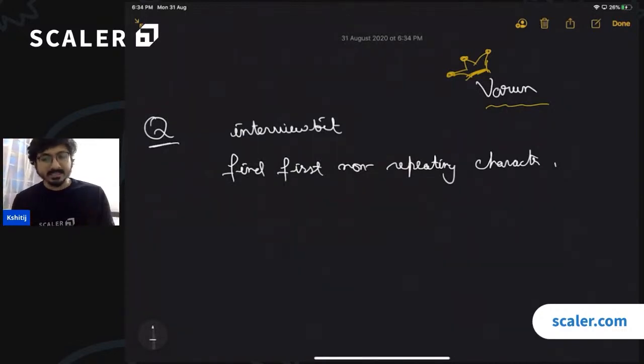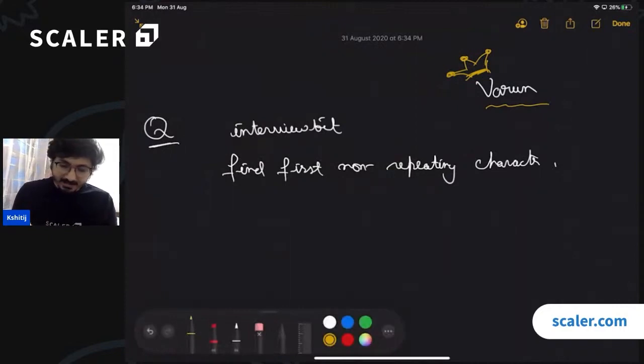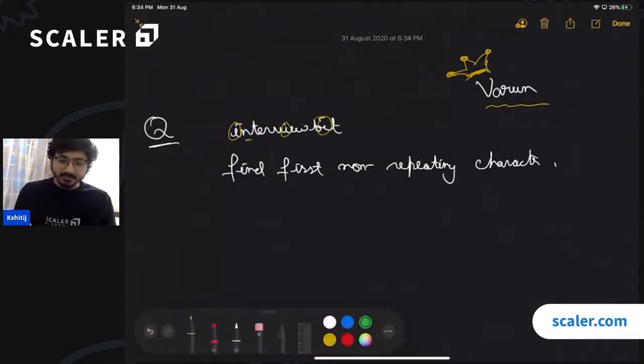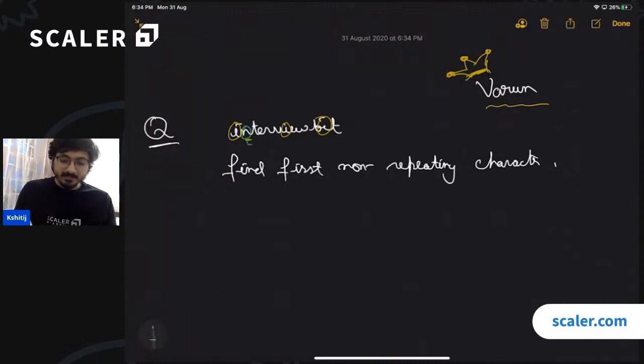So which is the first character which is non-repeating? In this case we can see that I is a character which is repeating in this string, so this is definitely not going to be an answer. N is actually the first non-repeating character because there is no N after this N. So N becomes the answer for this case.